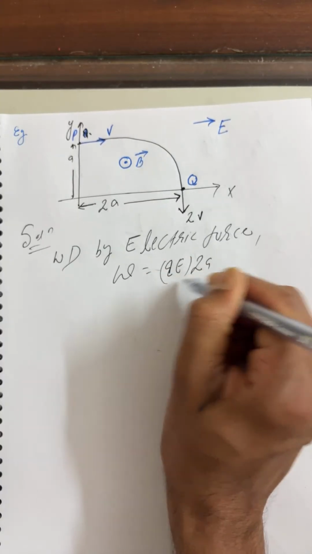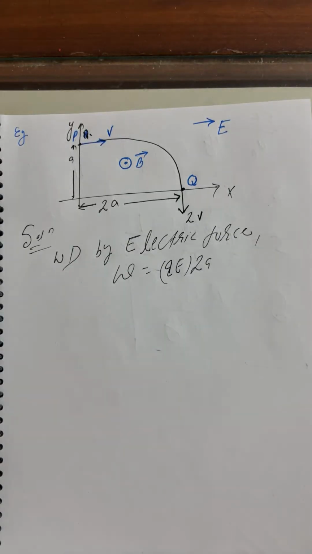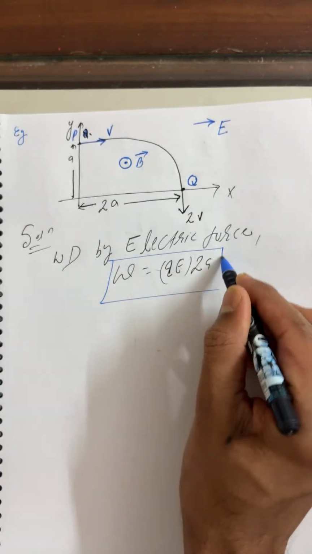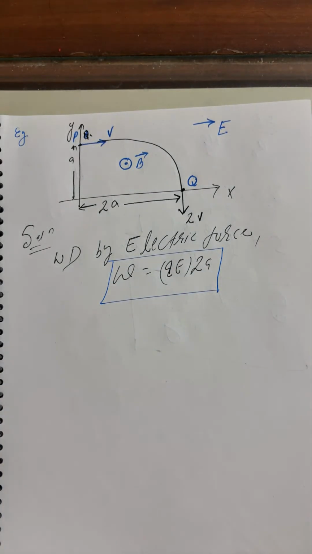Here F is equal to qE. So the work done by the electrostatic force on the charged particle is qE into A.